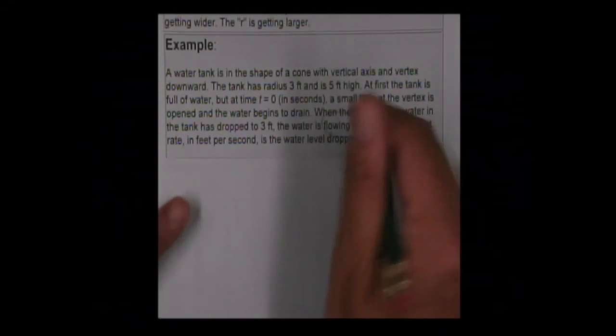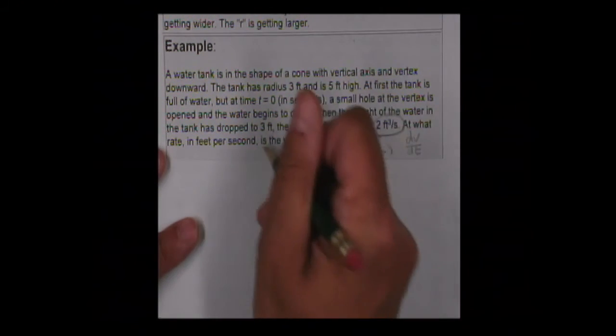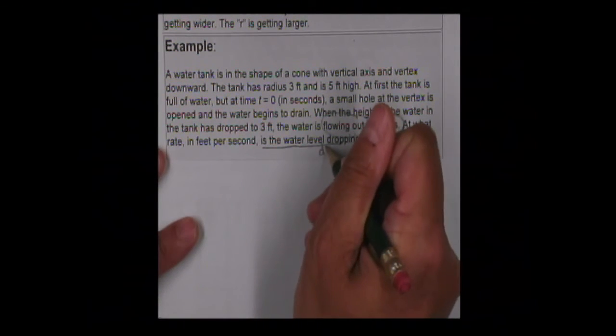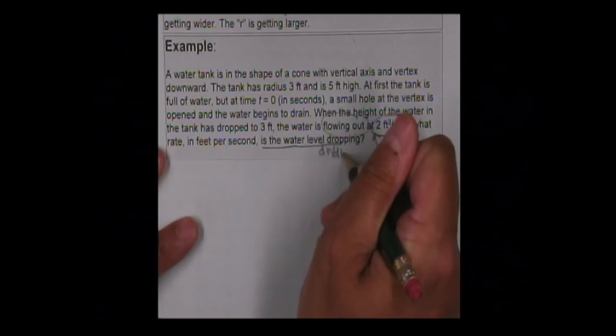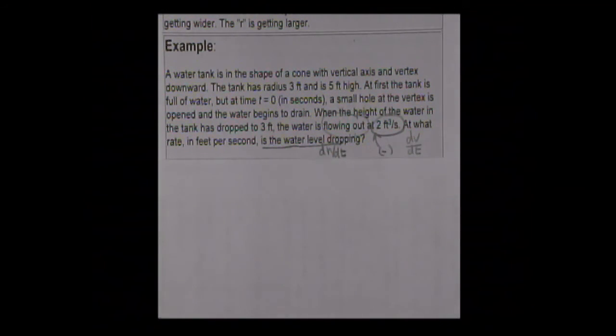And the water level is dropping. This actually that I'm looking for is going to be the dH/dt. Since I'm looking for dH/dt, when I do this cone problem, that's probably telling me I want to get rid of the letter r this time.